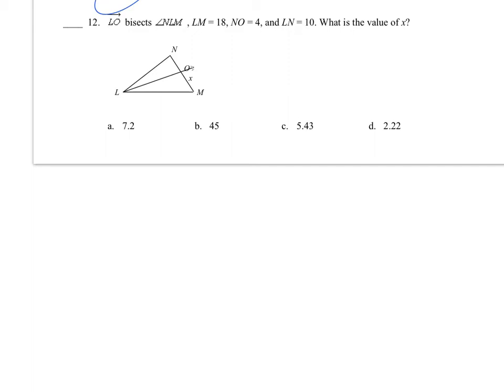So first I'm going to write in here that LM is equal to 18, and NO is equal to 4, and LN is equal to 10. So your two types of equations that you could write up could be 10 over 18 is equal to 4 over x. Or you could have 4 over 10 is equal to x over 18.